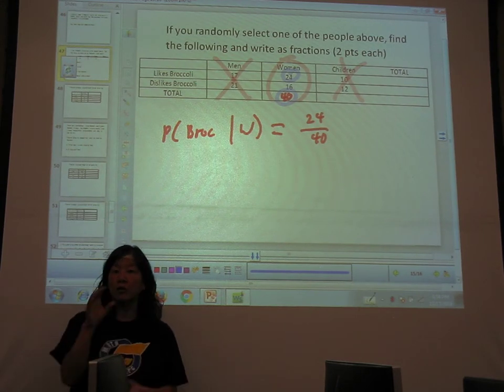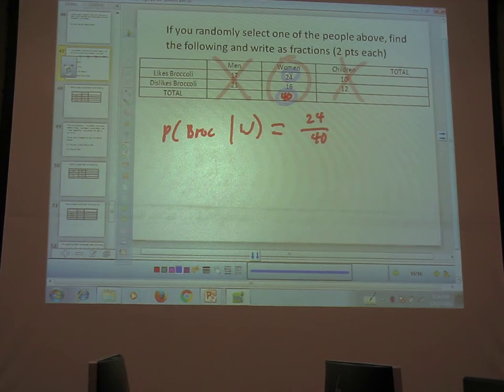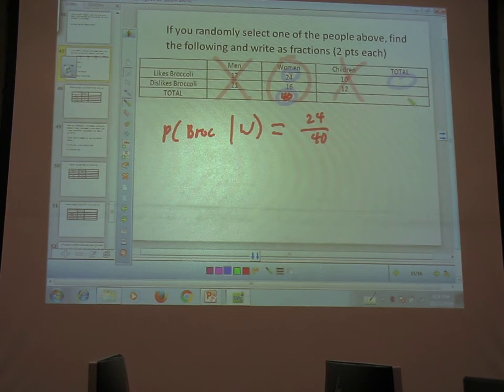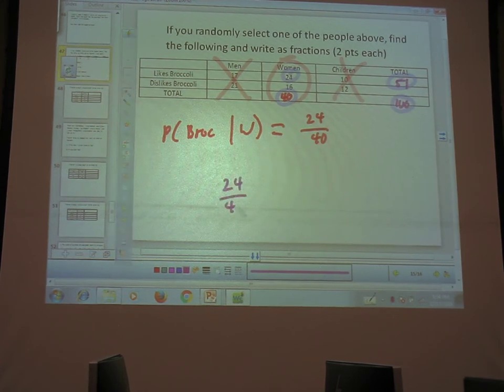So the ratio of this to this should equal the ratio of that to that. These are 51 and 100. Is 24 over 40 equal to 51 over 100?